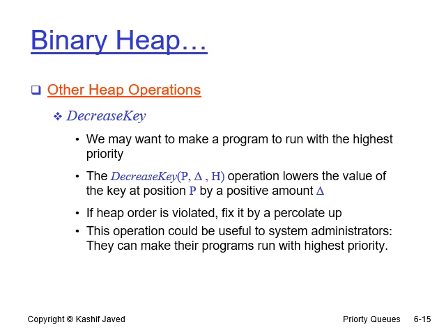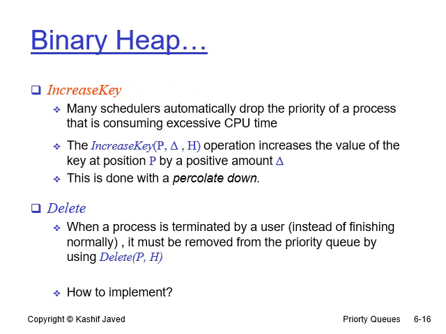So let's move on to the next heap operation. Increase the key. The increase key operation will allow many schedulers of the operating system to automatically drop the priority of a process that is consuming excessive CPU time.